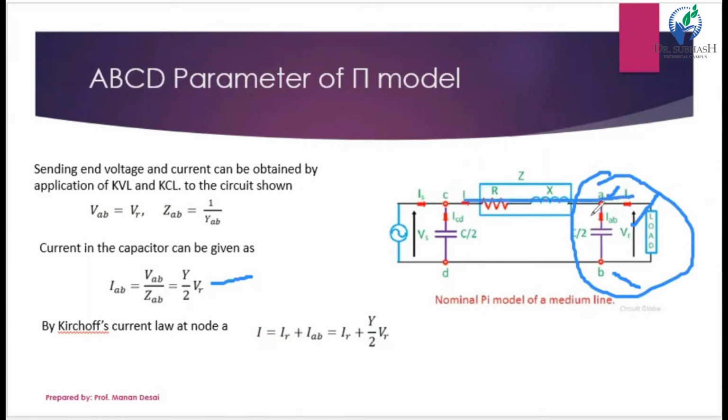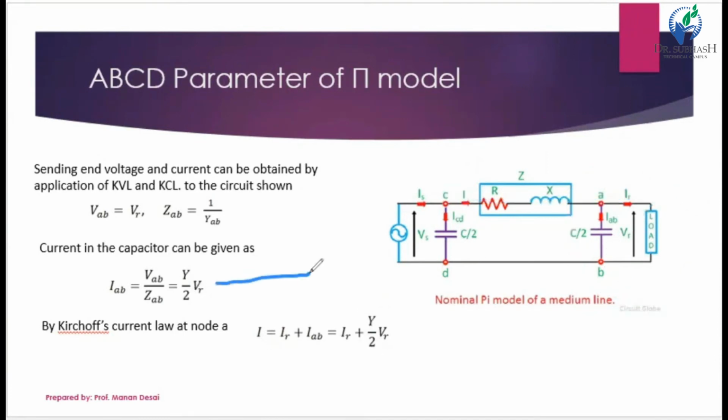This current is the receiving end current IR plus IAB. So IAB means Y by 2 VR, and I is equal to IR plus Y by 2 VR.